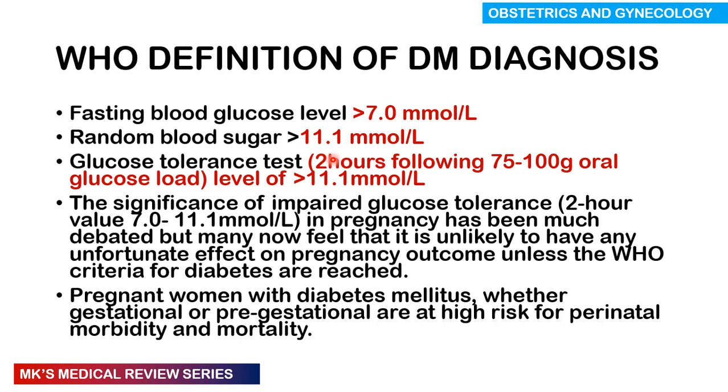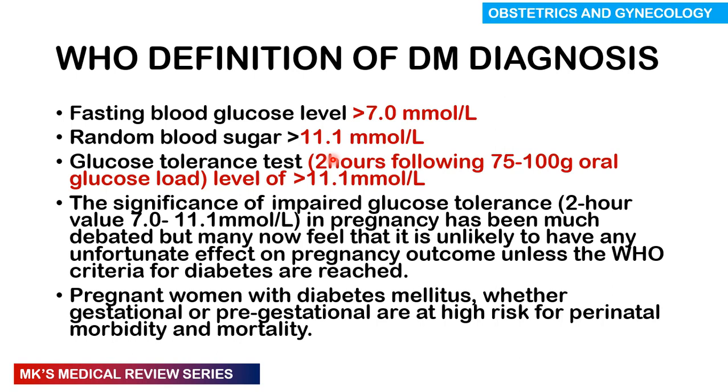Remember that we can also do a 2-hour glucose tolerance test, and the significance of it being impaired, meaning having a value between 7 to 11.1 in pregnant women, has been debated for quite some time.